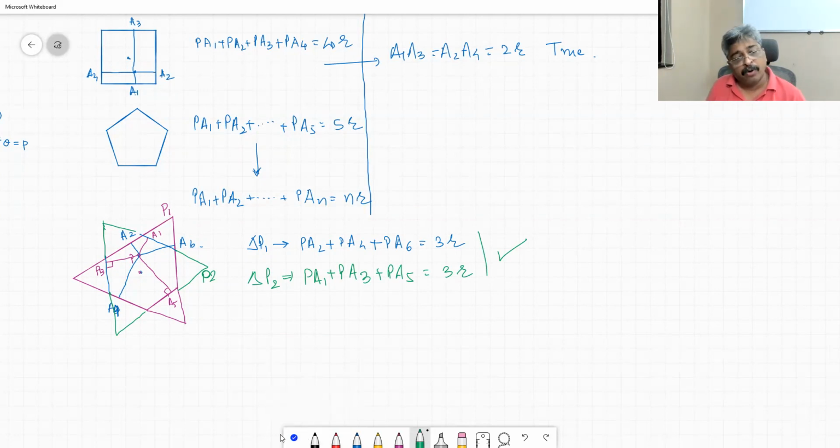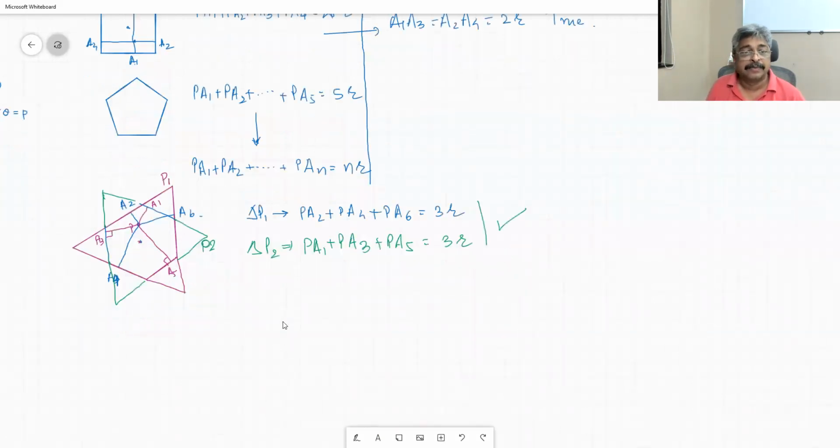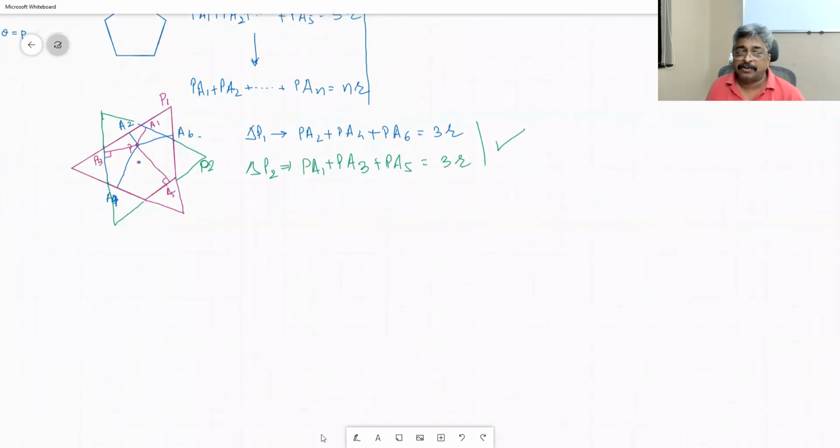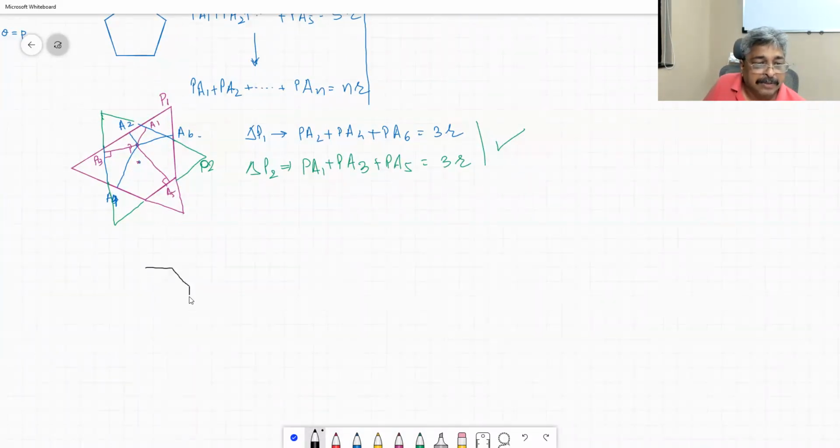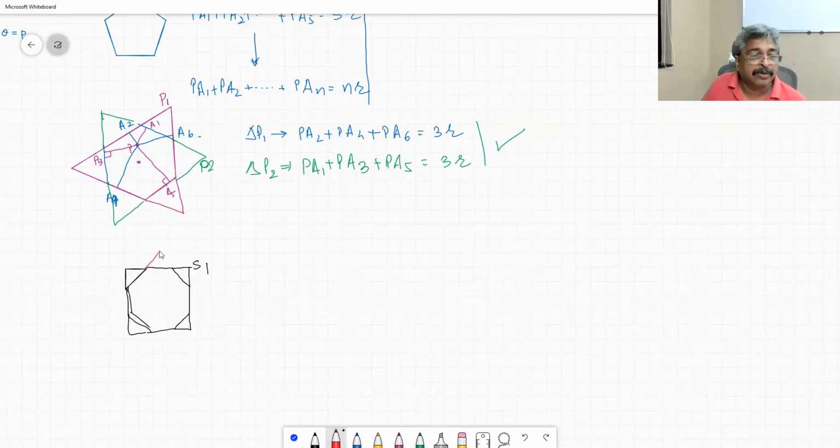Now let us have the octagon. The octagon is going to be easier, but still you are supposed to consider it. Suppose this is a regular octagon. Then complete the square like this. It is going to be a square, and another orientation of the square is going to be like this.